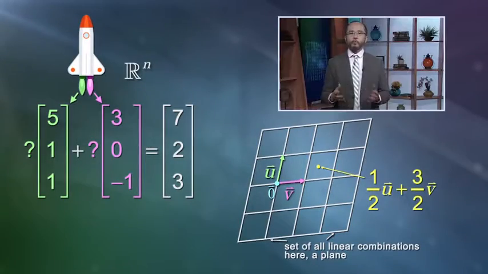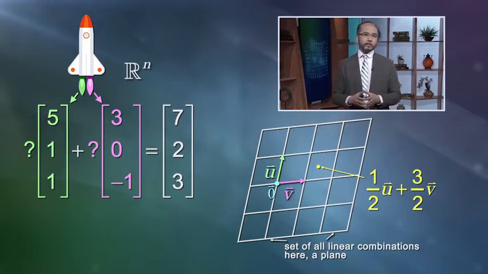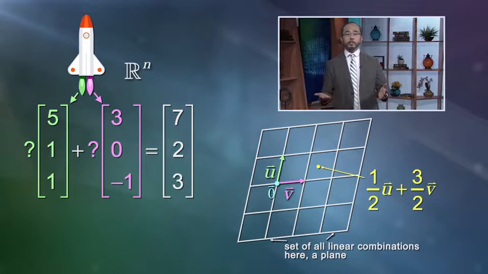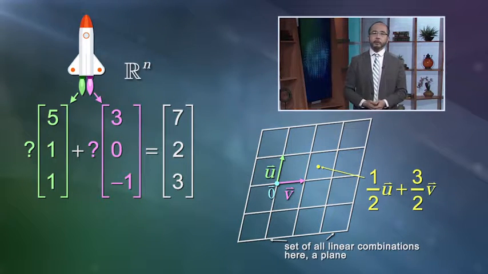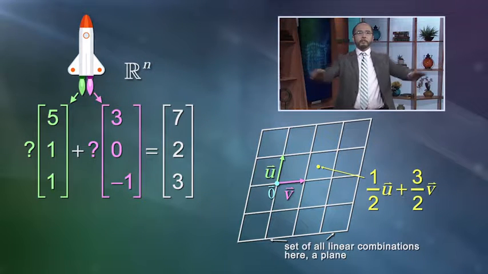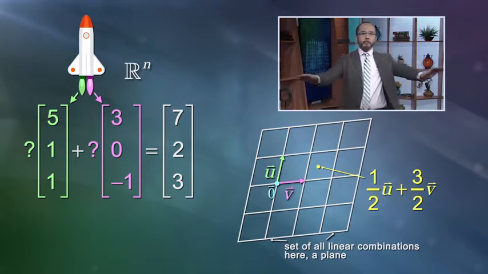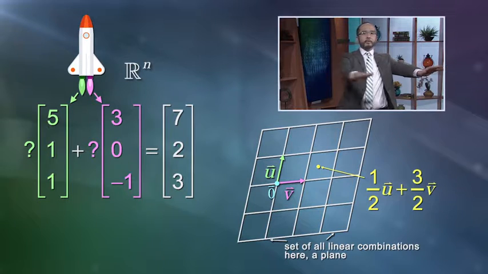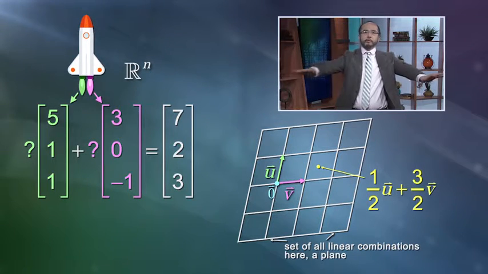As we have seen, every subspace is the span of a set of vectors. Recall that one way to think about the span of a set of vectors in R^n is to think of a spaceship at the origin, and the vectors are the set of thrusters that you can fire to move in various directions. Then the span of those vectors is all the places you can go using those thrusters.